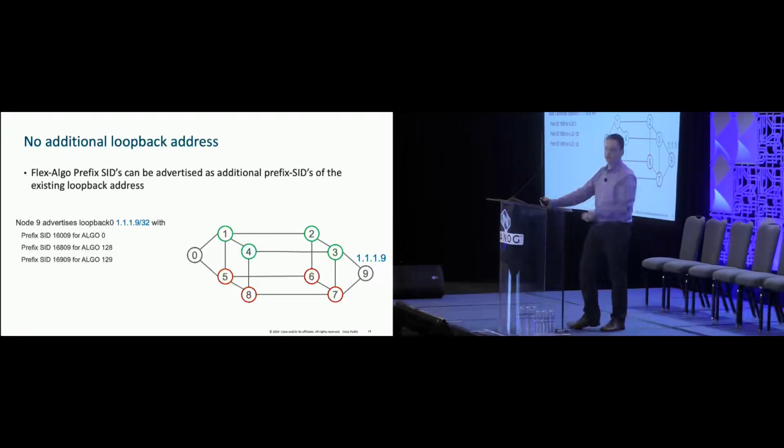So you should be able to say, one loopback, multiple labels. Now, each label has a completely different meaning to get to 9. I want to get to 9 considering the entire topology, or get to 9 according to my Flex Algo 128, or get to 9 according to Flex Algo 129.